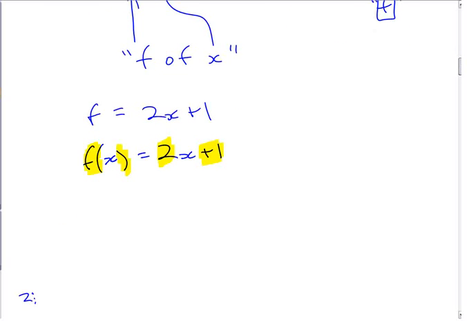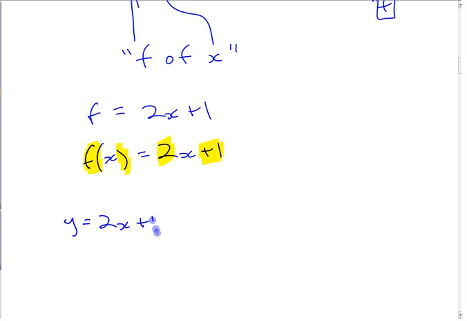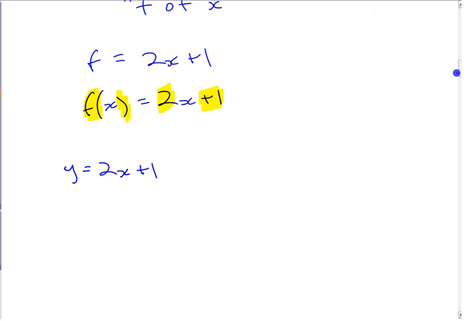The reason people do this, one reason, is because then they can write things like this. If you have something like this, y equals 2x plus 1, you can, number one, call this f of x instead of just y equals. Calling it f of x is saying this rule applied to x gives you that.